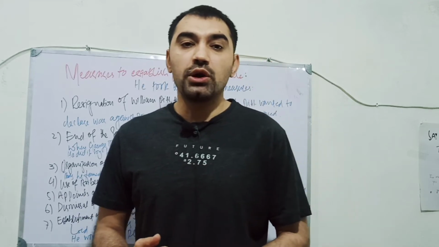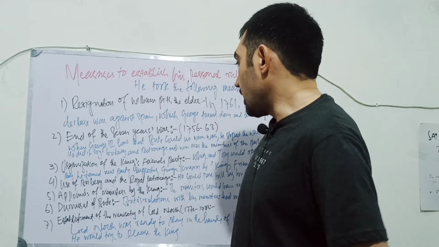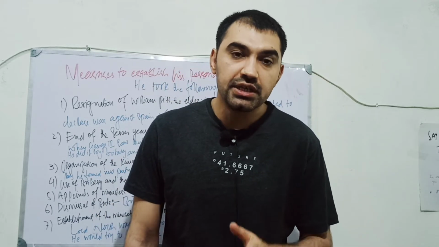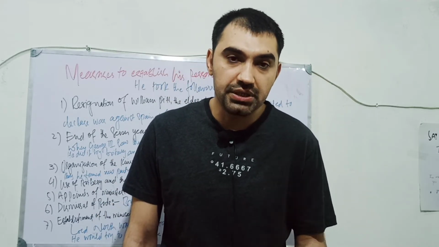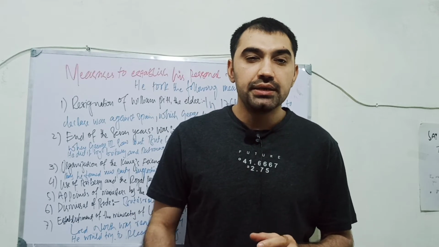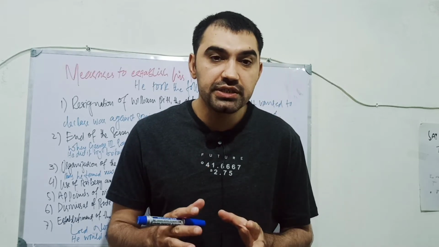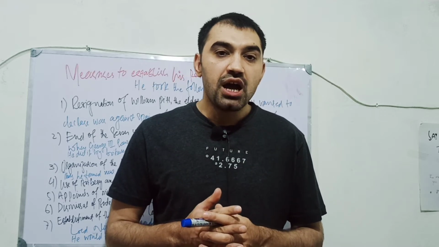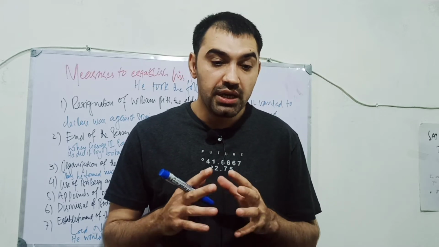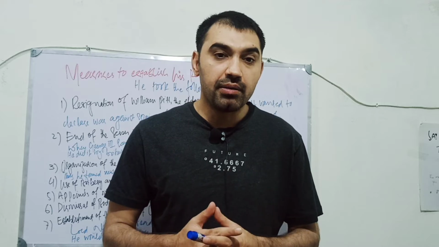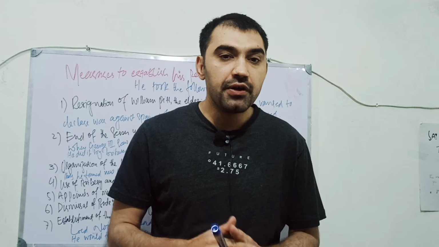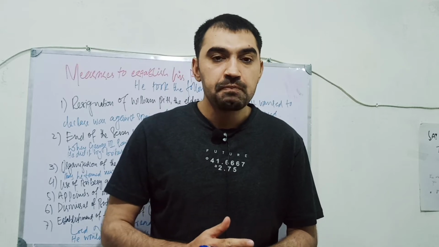he wanted to dismiss Bute, who was the prime minister after Pitt the Elder. And the 7 Years' War that we talked about in detail in the previous lecture was a war intentionally declared by Britain against other trade rivals.